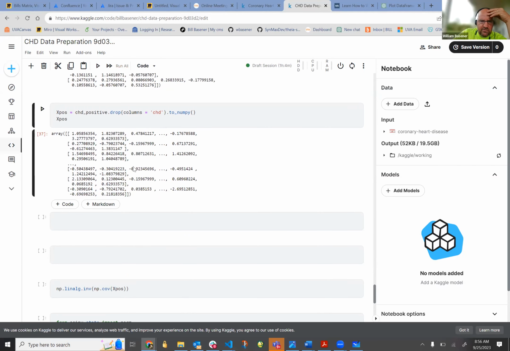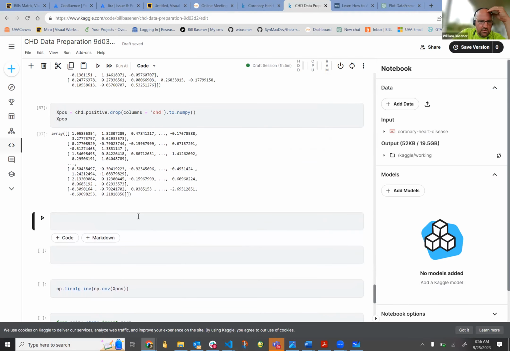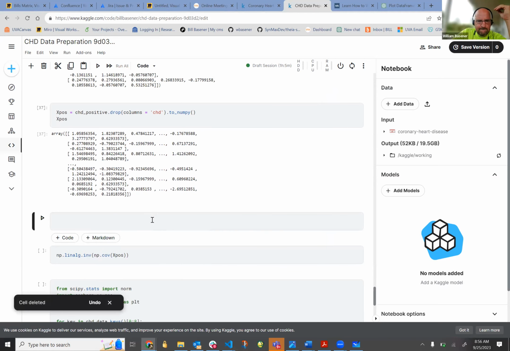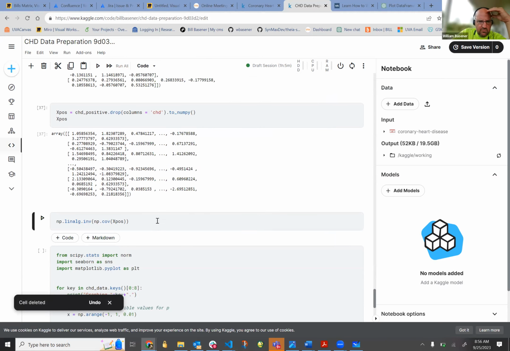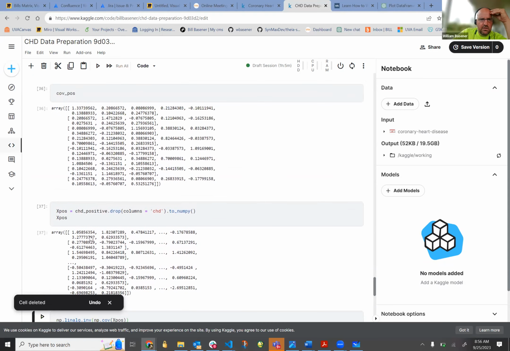So this is our data from the coronary heart disease set, with the coronary heart disease column removed, looking at just the CHD positive side. And then we're going to take that data and compute its covariance using numpy.cov.